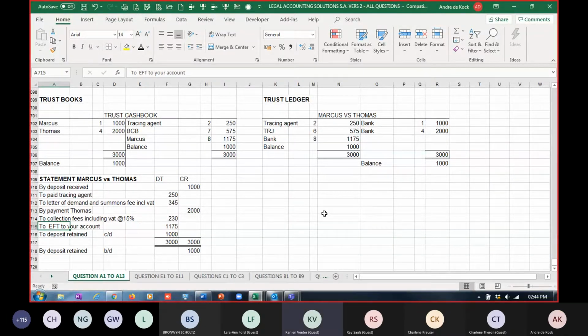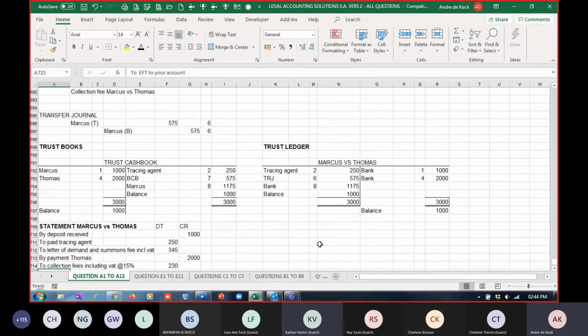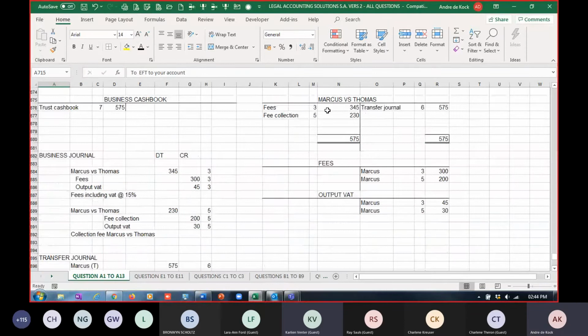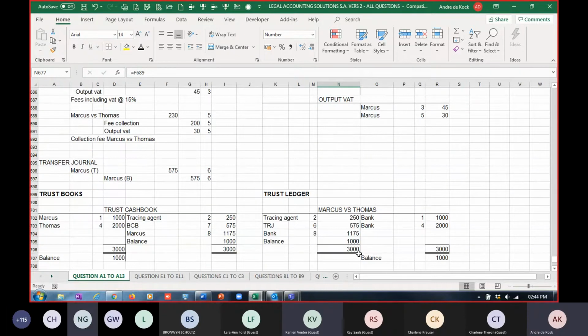Mr. De Kok? Yes. So the statement is mainly made up out of the trust account of Marcus and the business account of Marcus. 100% right. Are you looking at the screen? It's made up of this and that.